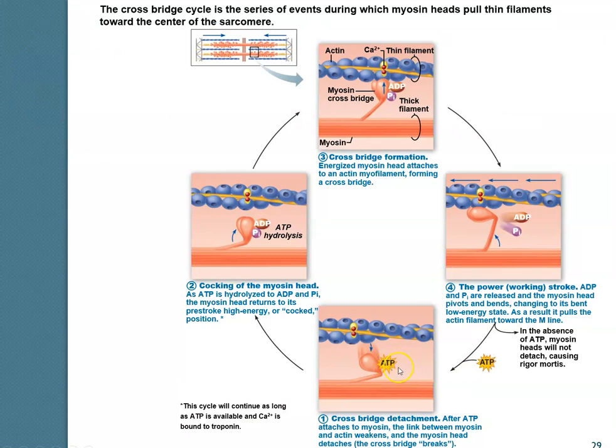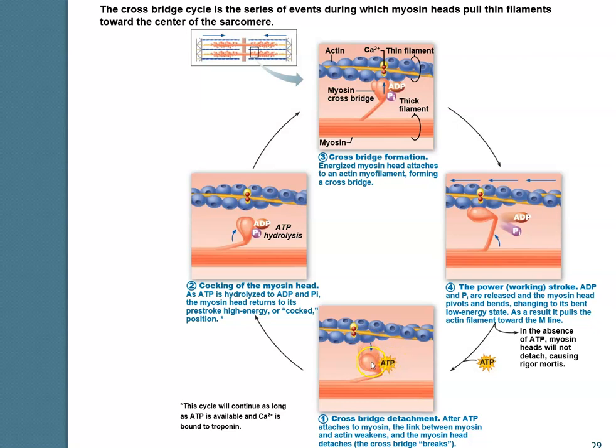I'm going to start with the position when ATP binds to myosin. If we start at excitation contraction coupling, we just exposed the active site of actin. So we need ATP to bind to the myosin head.